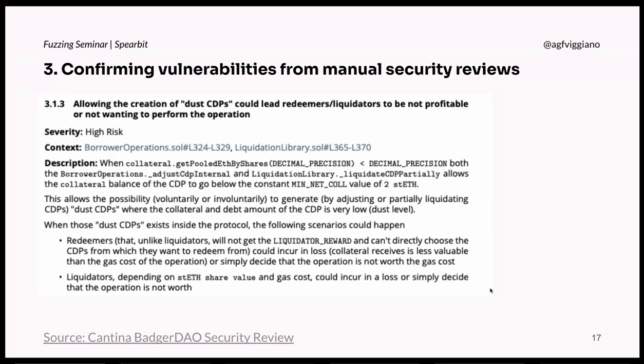So there's a minimum collateral value on the system, and it should never break. The developers had a check implemented to make sure that you wouldn't do the synchronization unnecessarily. That was, I think, the idea behind the condition, but it was not implemented correctly.